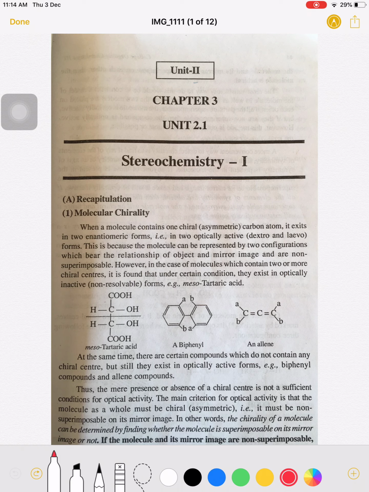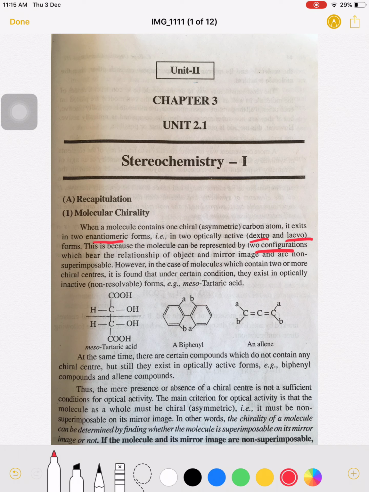When the molecule has a chiral center, it exists in two enantiomeric forms, that is, it has two optically active forms, one dextrorotatory and another levorotatory. This is because the molecule can be represented by two configurations which bear the relation of object and mirror image.